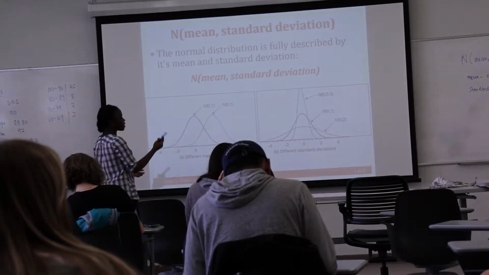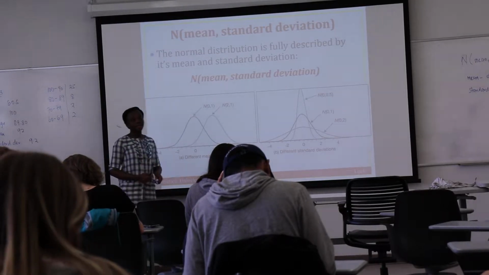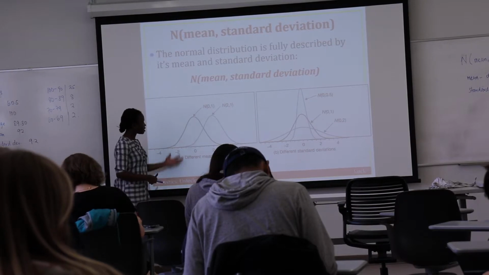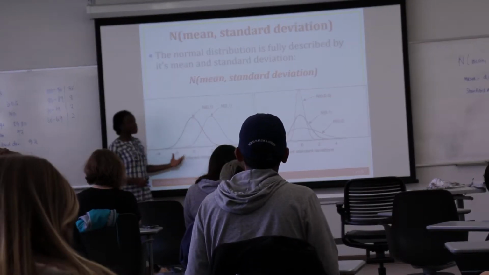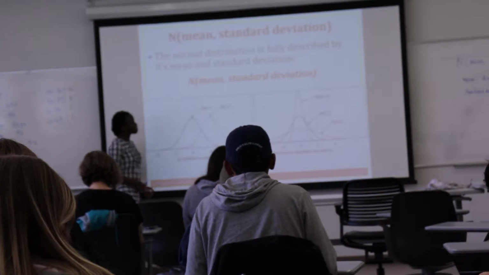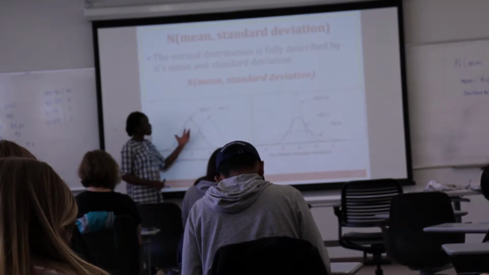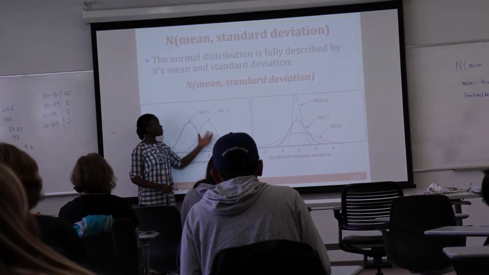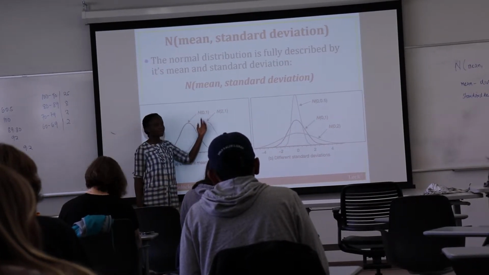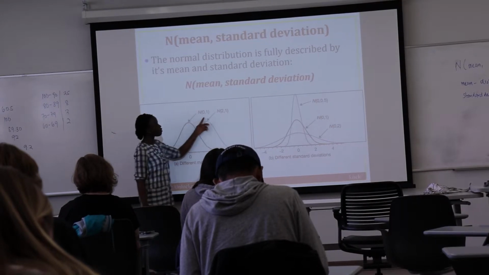Based on Monday, as I said, this is a form of recap. We said that the normal distribution is centered around its mean. Looking at the various diagrams, the first normal distribution is centered at 0, and it has a spread of 1.